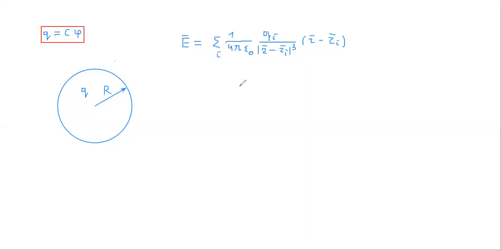It is possible, but in this case it will be difficult. And it will not be useful. Because in this case it will be necessary to calculate triple integral, because we have charge that is distributed in space.